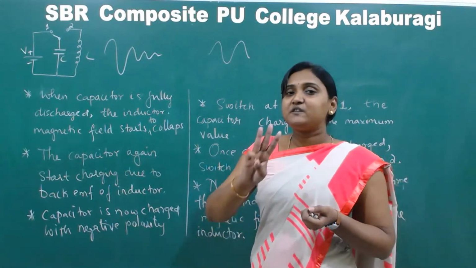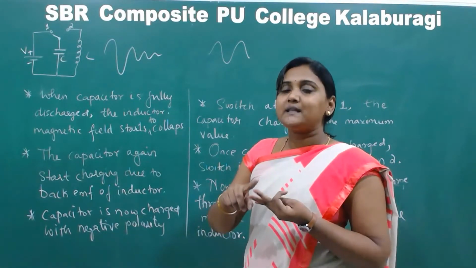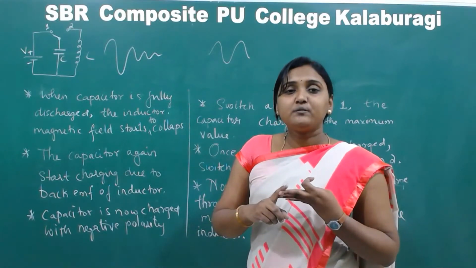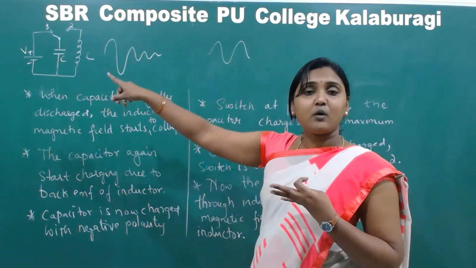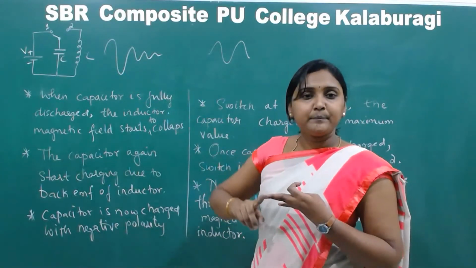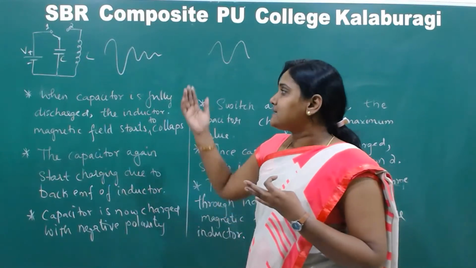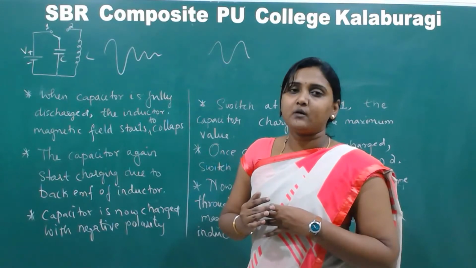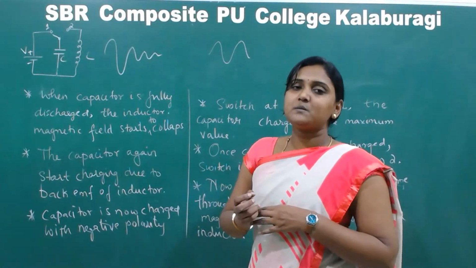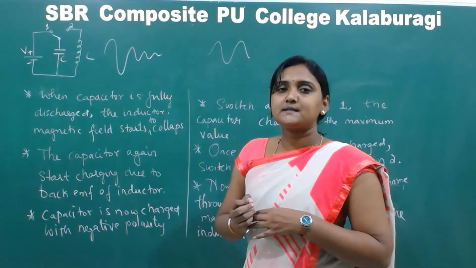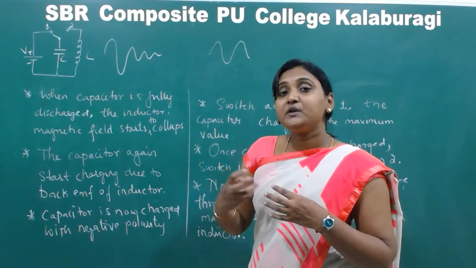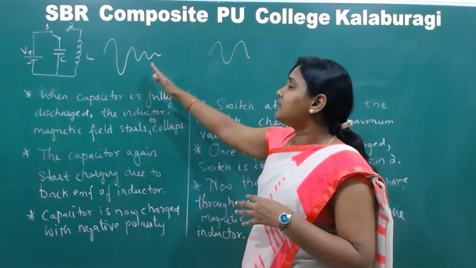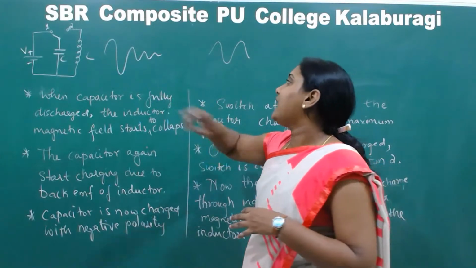Because of these three factors: wiring resistance, the inductor resistance, and the dielectric resistance of the capacitor, these inherent resistive properties of the capacitor, inductor, and wiring, what happens as a result? The voltage is going to drop, because it is going to consume some amount of energy there. The resistance is going to introduce some loss. Due to this loss, because of the presence of resistance, the signal is said to be a damped oscillation.